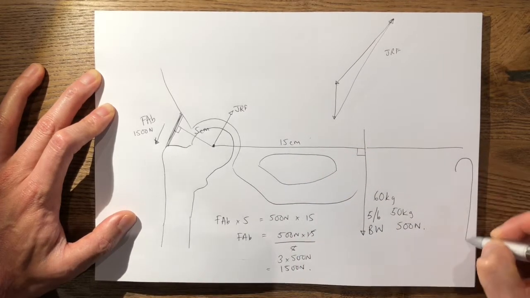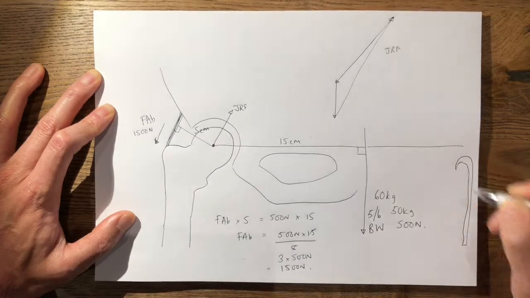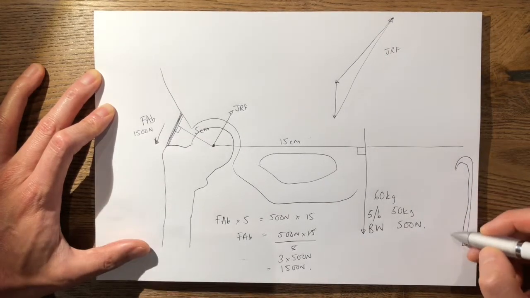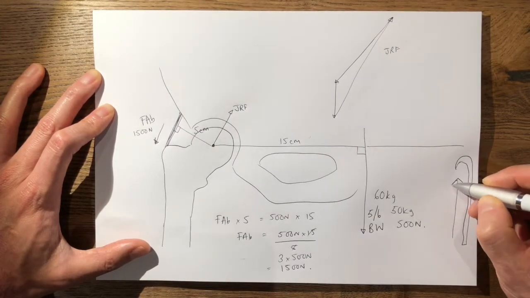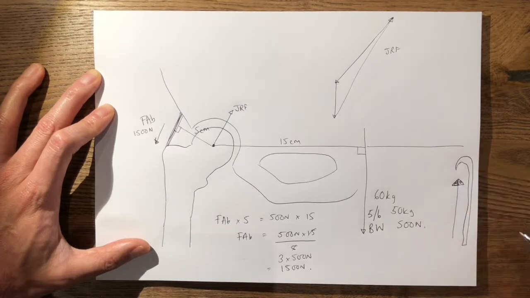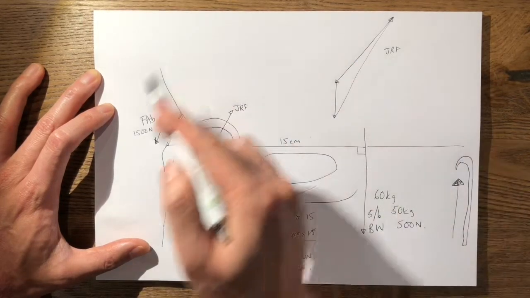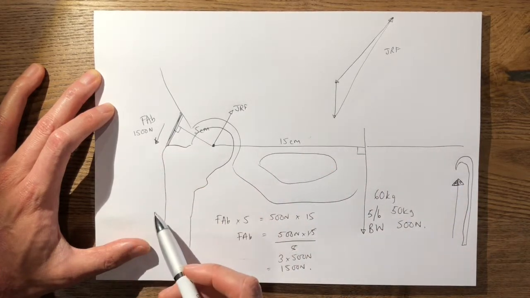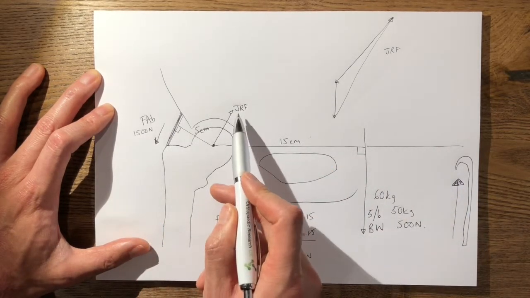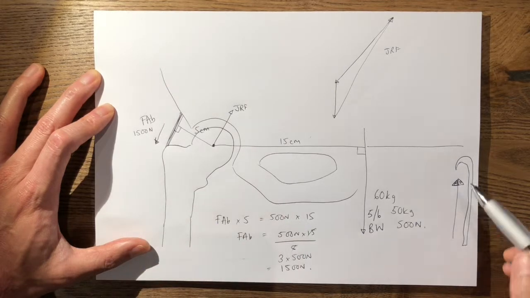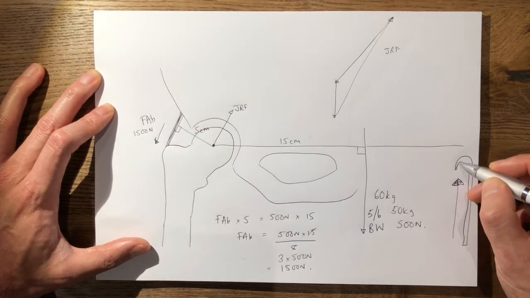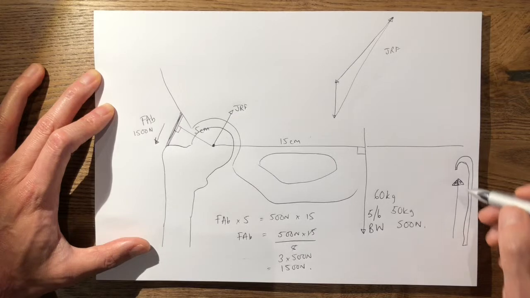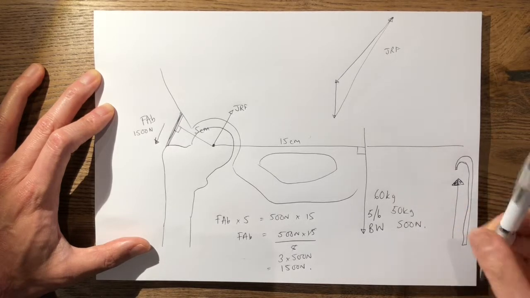The reason is that if you hold a stick in the opposite hand, you essentially create a ground reaction force, which is an anti-clockwise moment, which would help your force of abductors, which would reduce your joint reaction force. Remember, Newton's third law: every action has an equal and opposite reaction.